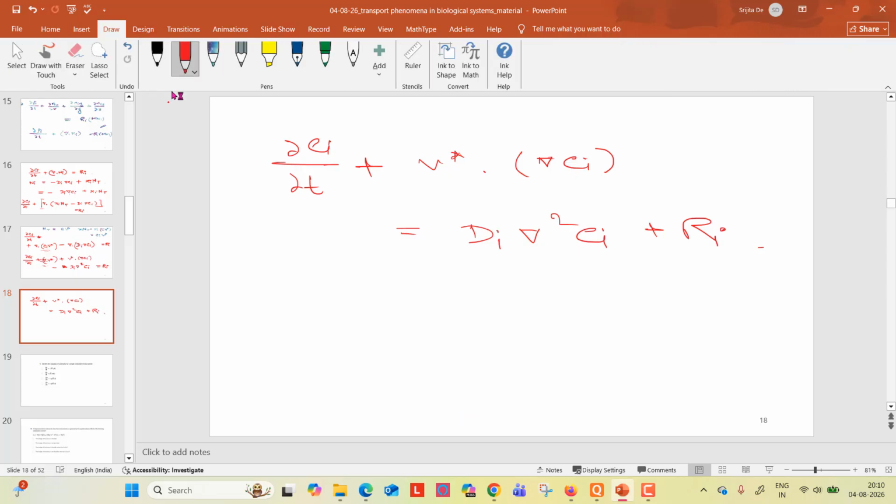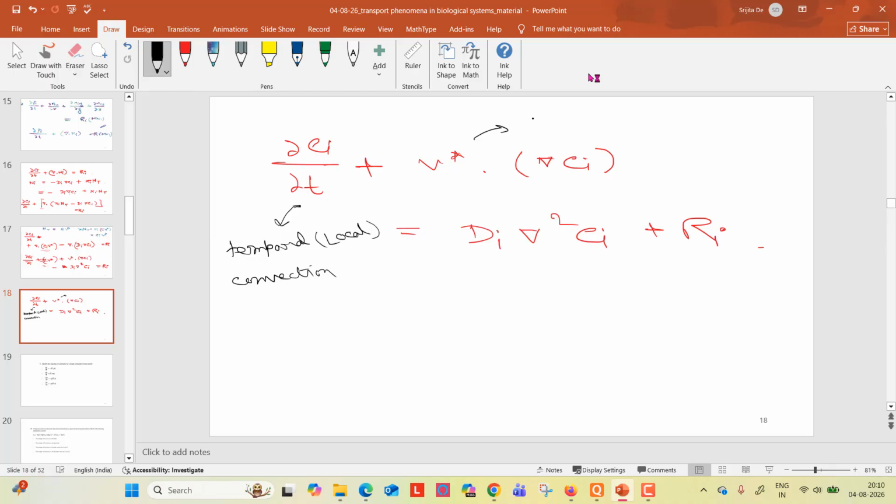So the first term accounts for the temporal change, which is the temporal convection, and this is your local convection, you can say local convection.